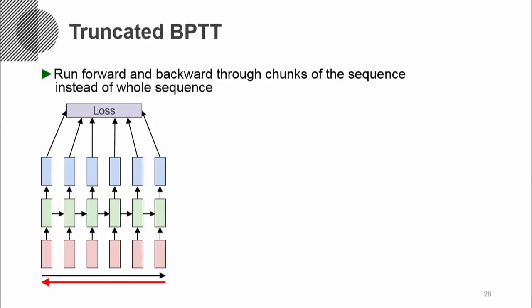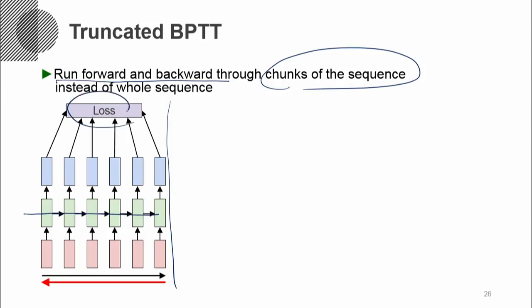But in practice, we do not follow this kind of training over the entire sequence, but we instead use truncated backpropagation through time. So what we do is run forward and backward through only a chunk of the sequence. So given the entire sequence, we just cut it into pieces, and then we start from here and compute the loss, and then the loss is only used to train within this finite length of sequence.